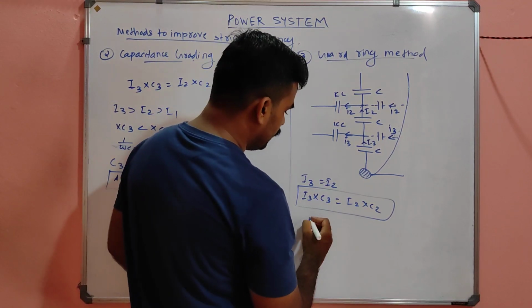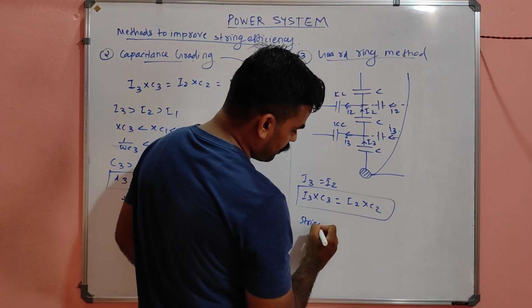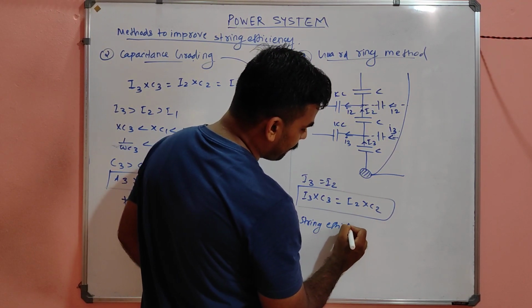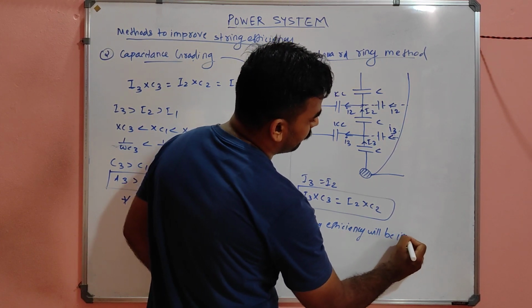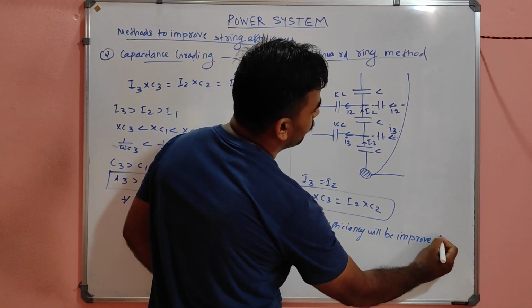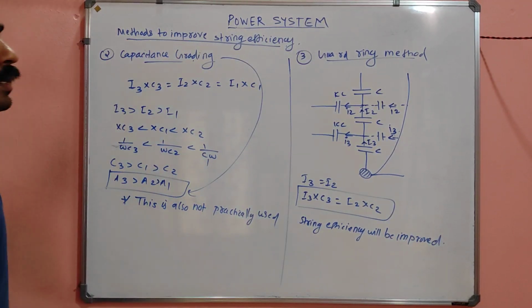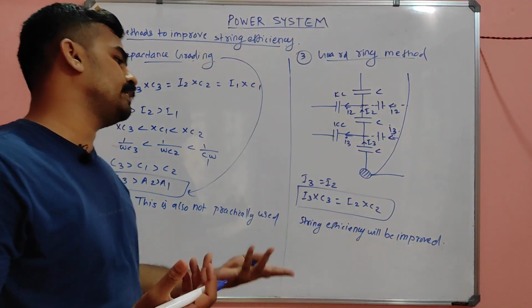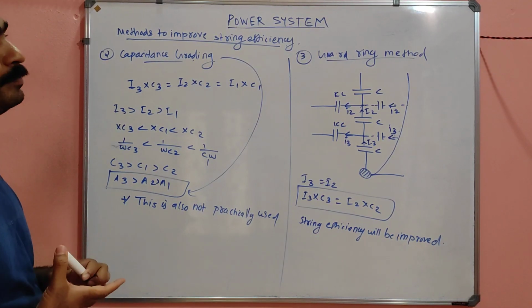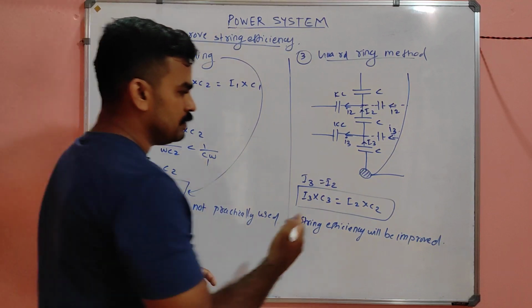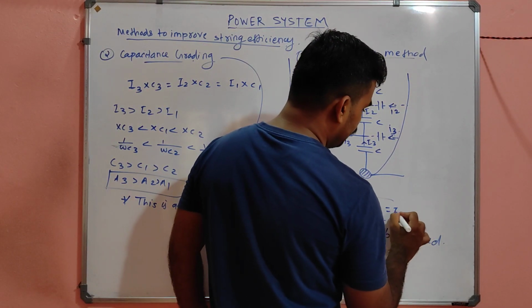So that string efficiency will be improved. If the voltage distribution is the same, string efficiency will be improved. Of course, you can add one more thing, which is equal to I1 into XC1.